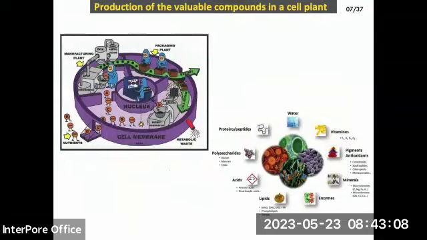Also the cell can be considered like some factory, like some plant which produces different cellular compounds which can be valorized, like vitamins, enzymes, lipids, polysaccharides, proteins, etc. But to extract these compounds, it is necessary to destroy the cell membrane and generally destroy the cell tissue.